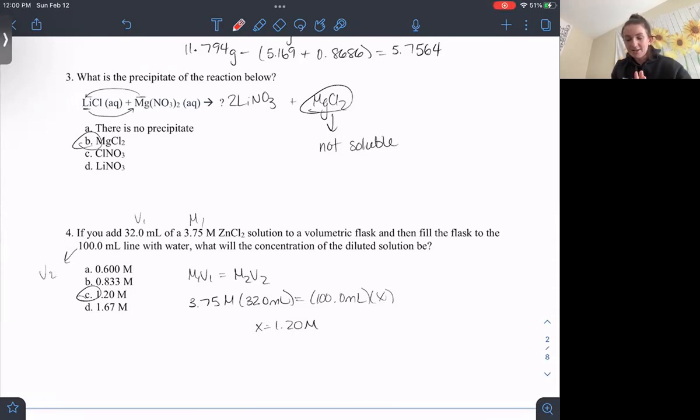And take your time, work efficiently, make sure you know your formulas, and you will be given a formula sheet. You will be given your solubility sheet. You will be given your polyatomic ions, but make sure you know your naming rules, make sure you know your acids and bases.